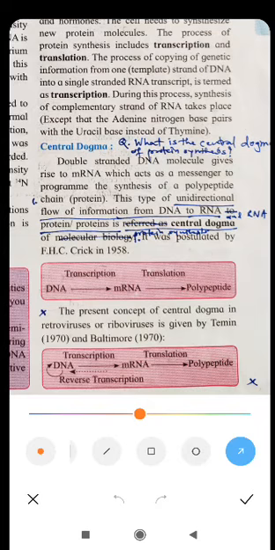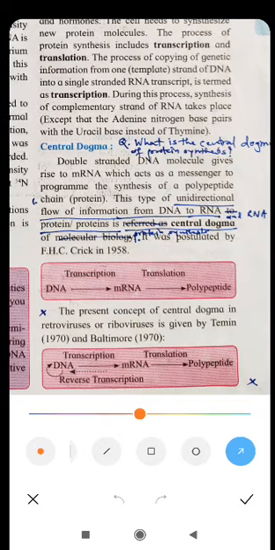and it was postulated by F.H.C. Crick, or you can say simply F. Crick. Now, though it is mentioned here the flow is unidirectional, there are certain exceptions, and the exception is RNA viruses. These viruses are RNA containing viruses which produce DNA from mRNA.